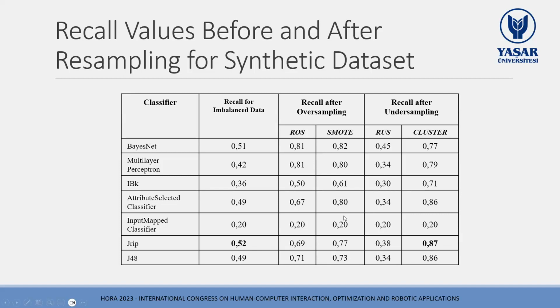Interestingly, the findings for the cluster technique occasionally outperform those of SMOTE, for example, in this case. And for us, we see that actually these are very bad, even less than the original one. So it has limited success.